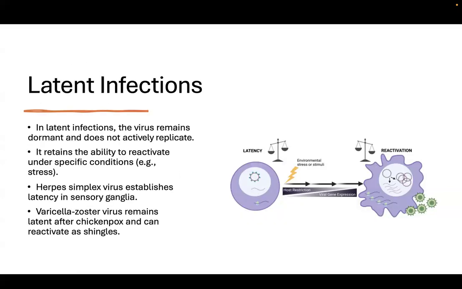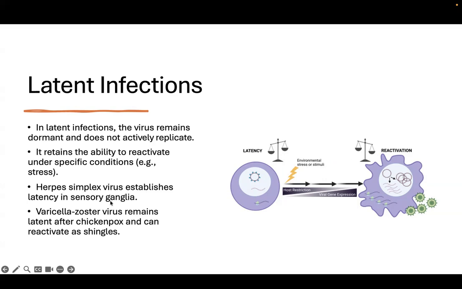Here, no. It stops, and the virus is almost undetected. Suddenly something happens. Some environmental stress or stimulus comes in, and boom, viruses start to come up again. This can be many different things. We don't know exactly; in the case of herpes, we sometimes don't know what these stresses can be.